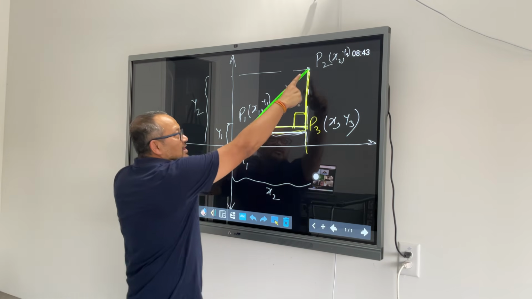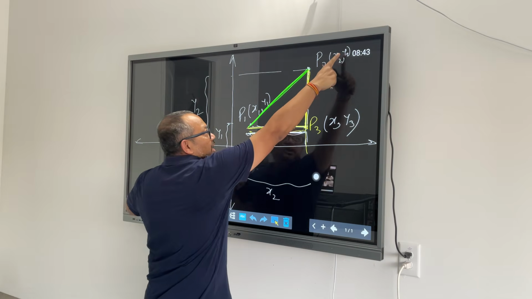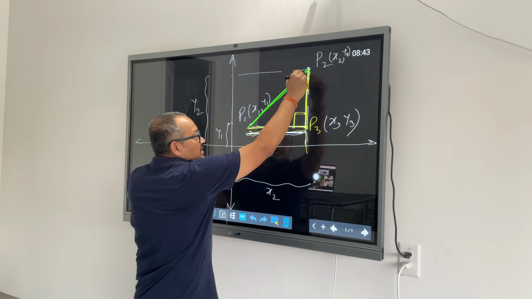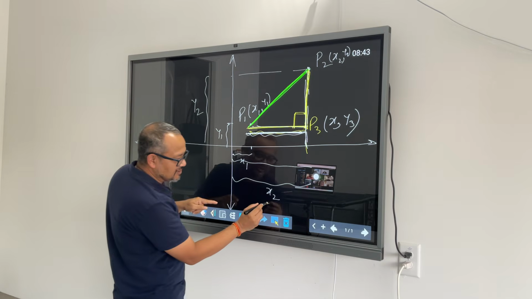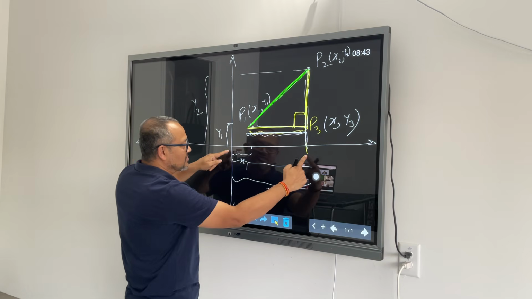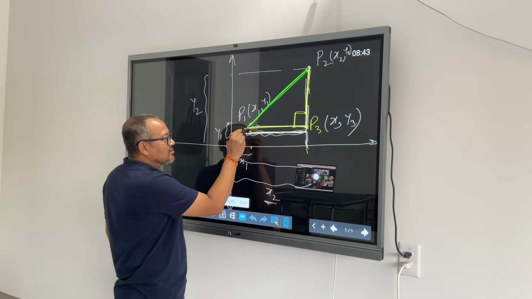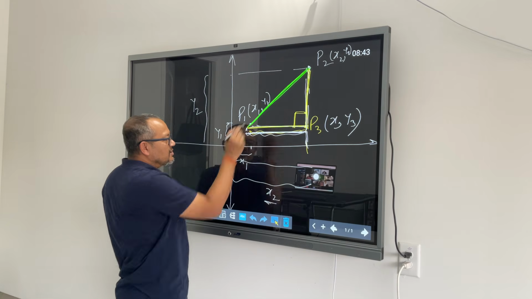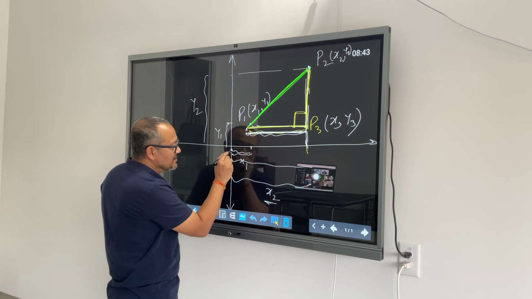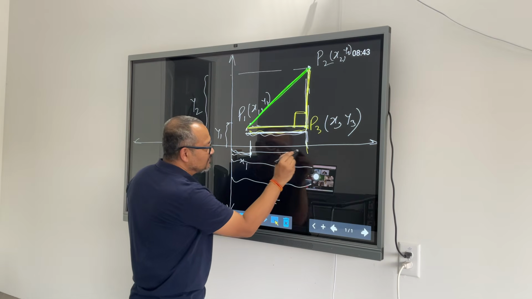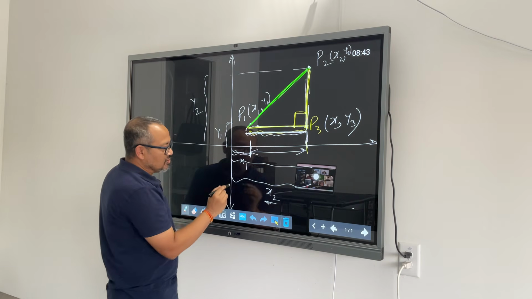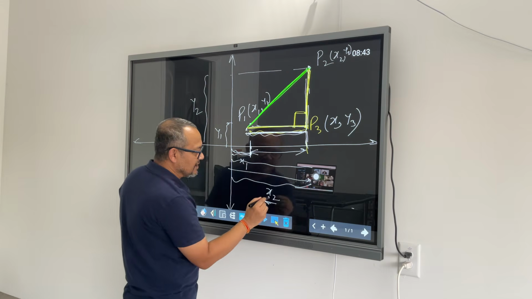Now you guys will see what I'm going to do. See, what is the coordinate of this point? x2, y2. Meaning, this point along the x-axis, this distance is x2, as you can see. Here to here is x2. This point's coordinates are x1, y1. What does it mean? Along the x-axis, this distance is x1. I'm asking you guys the distance from here to here. You know this distance here to here is x2.